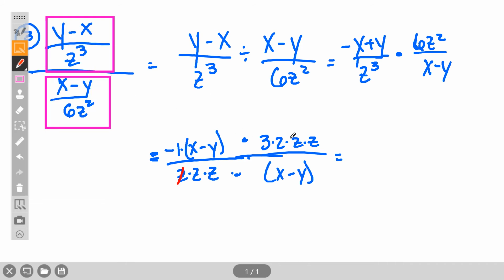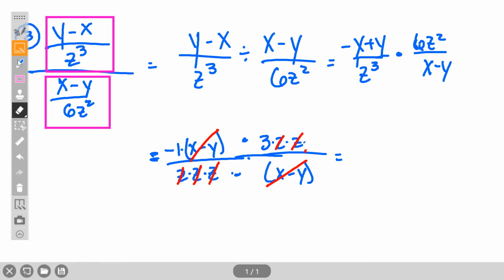So z cancels, another z cancels, a third z cancels, the x minus y cancels. I have nothing left in the denominator. Wait a minute, what did I mess up here? Oh, I put too many z's on the top. There's only 2 z's on the top. 6z squared, yeah.